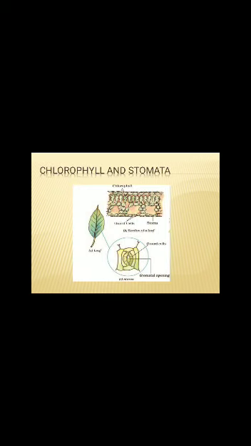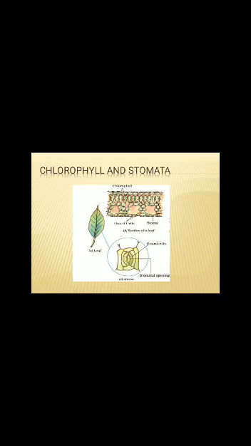Now here this is a diagram of a cross section of a leaf, which is showing chlorophyll, which is found in the cells over here. This chlorophyll is important as it captures the solar energy.